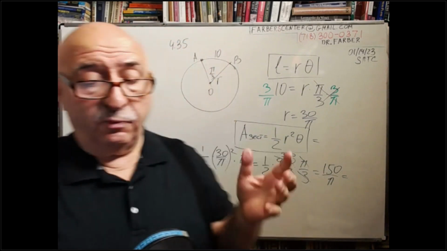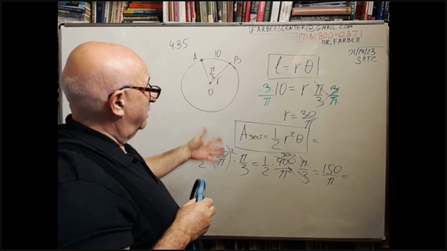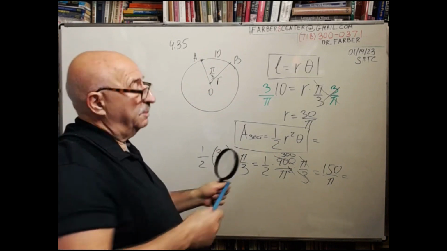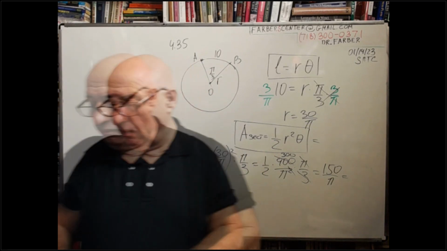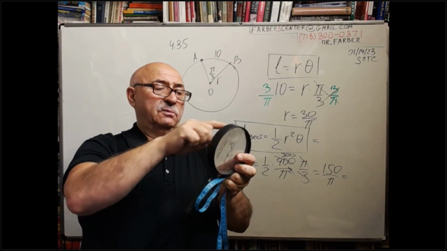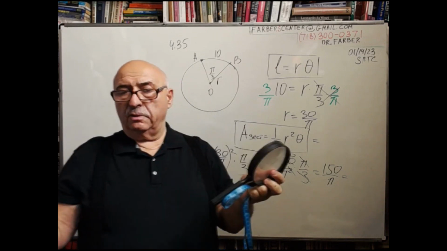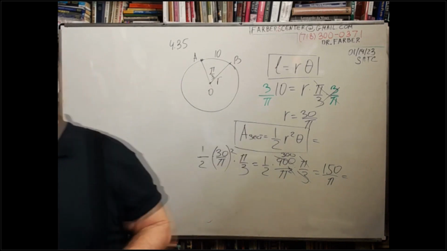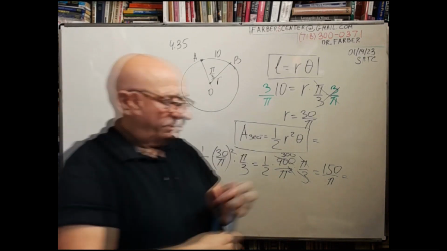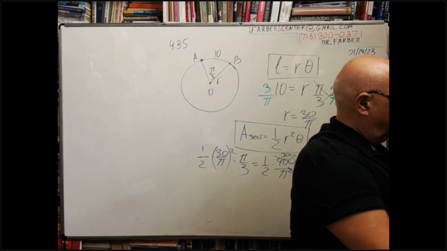That's why this formula is beautiful. It helps you save a lot of time on the SAT. This is the idea of radian. So a radian is the angle where the length of this arc equals the radius. That's it, nothing else. Okay, students.